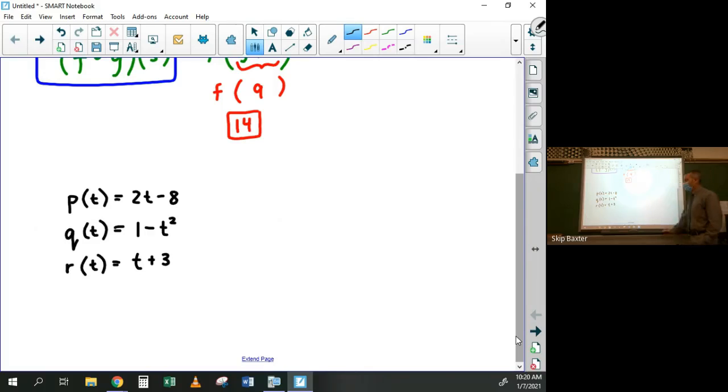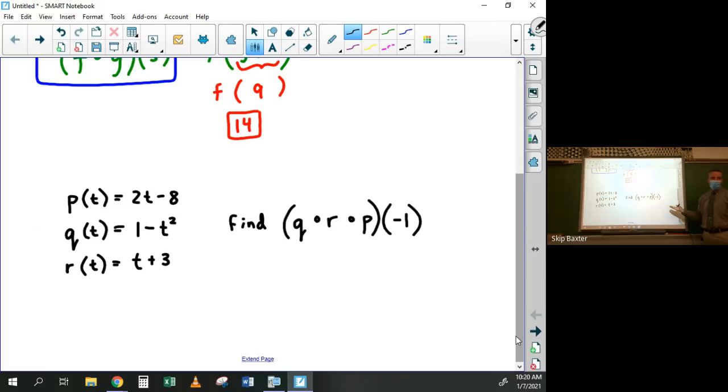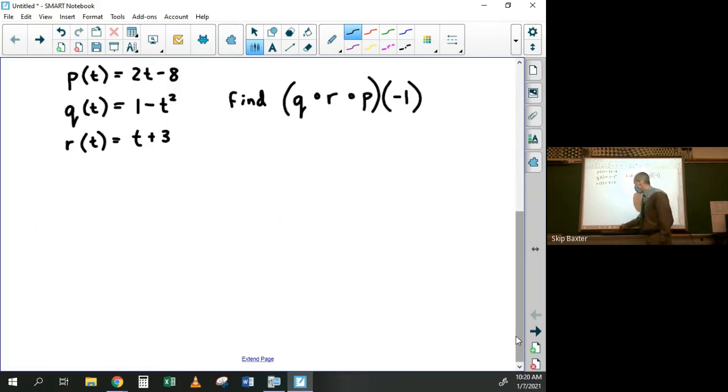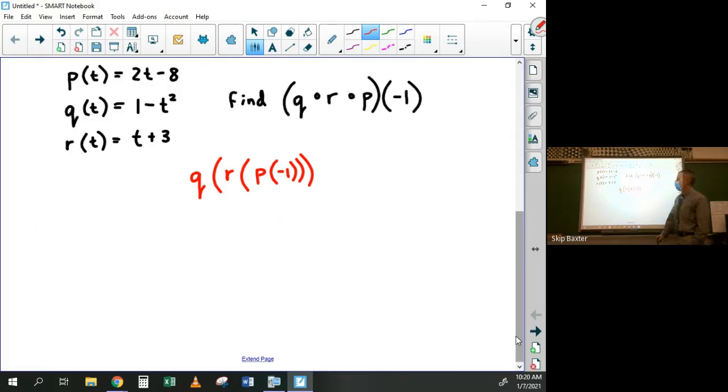They might say something like find q composed with r composed with p of -1. That would be the given information. All you're going to do is rewrite this as q of r of p of -1, and then start from the innermost set of parentheses and work your way out.